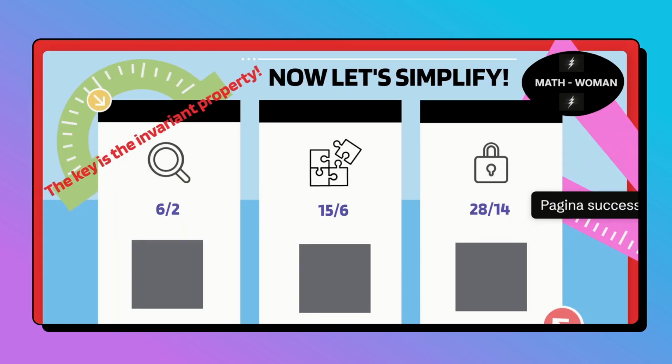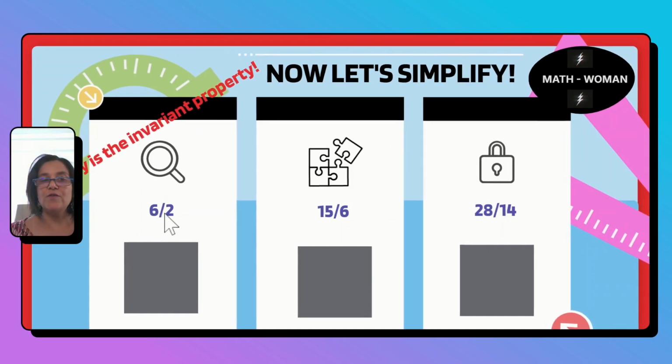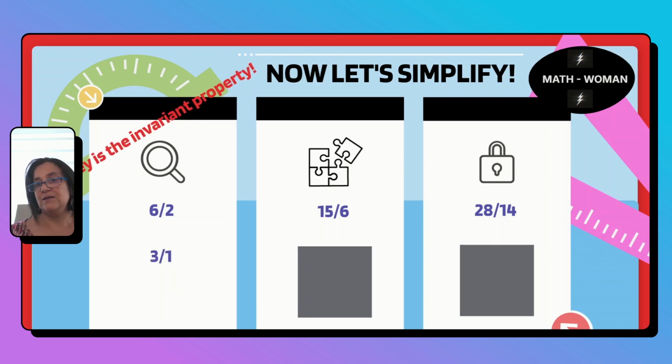Now, let's simplify. This is another way we can name this procedure. Okay, 6 over 2 is the number 3. We can write it as 3 over 1 or simply as the natural number 3, because 6 divided by 2 equals 3. Let's simplify 15 over 6.